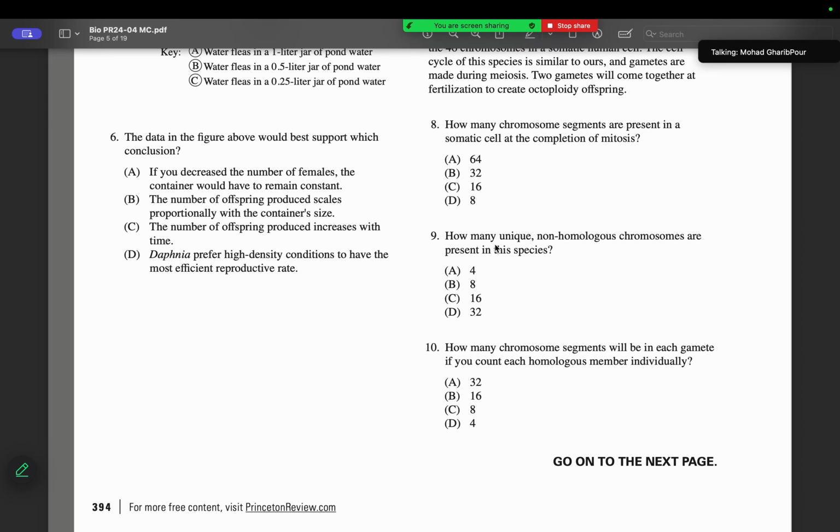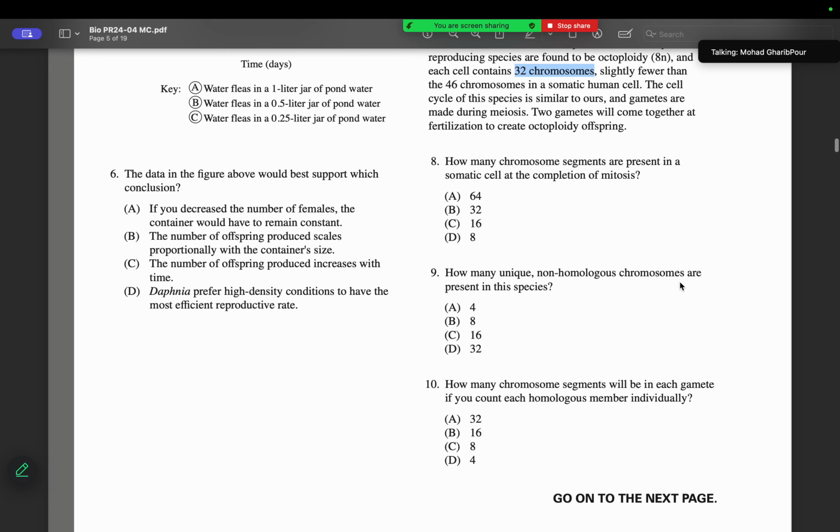Number 9, how many unique non-homologous chromosomes are present in this species? What's your answer? How do you get it? Anyone? I chose it wrong.